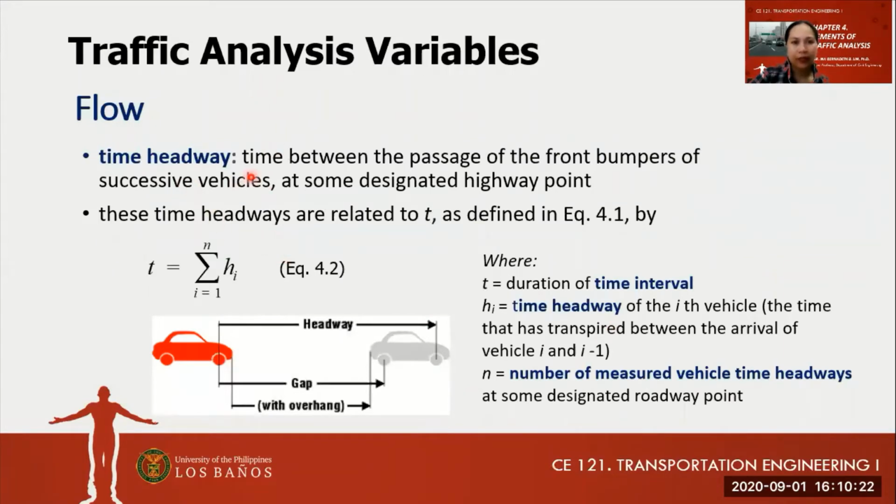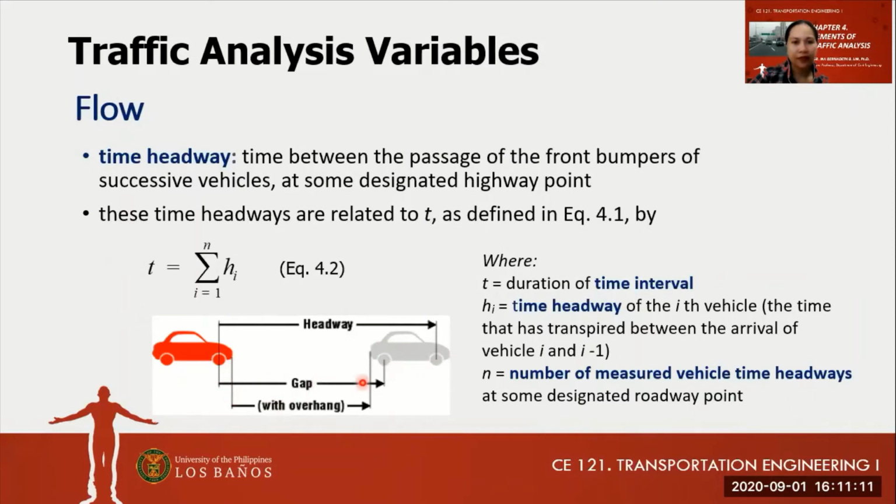Time headway is the time between the passage of the front bumpers of successive vehicles at some designated highway point. So for example, if you look at this figure here, when the vehicles are on the highway, then the gap, the headway that we're talking about is the time between the front of this vehicle to the front wheel of the vehicle in front of it.